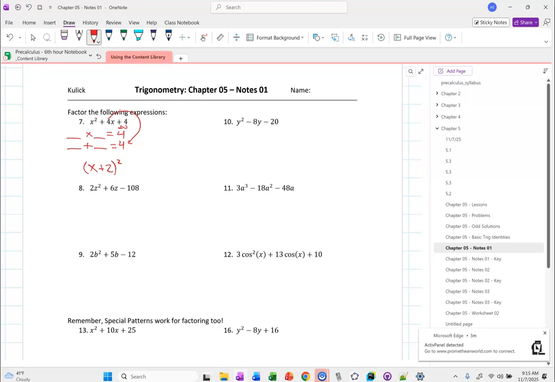Should be quick. You should be able to do it in your head. If it's not, it's going to be rough sledding.